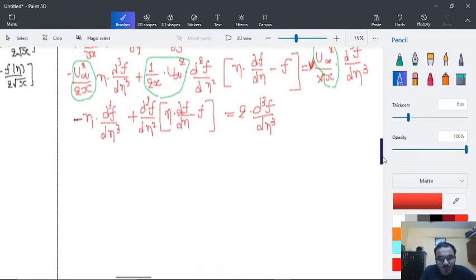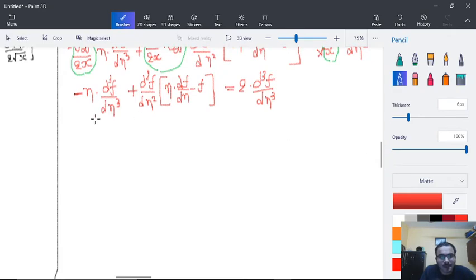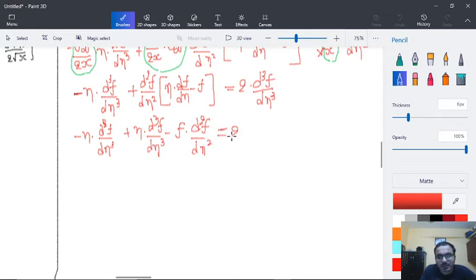So here if we move forward, then here minus eta into d3f over d eta cube plus eta into d3f over d eta cube minus f into d2f over d eta square, which is equal to 2 times into d3f over d eta cube.